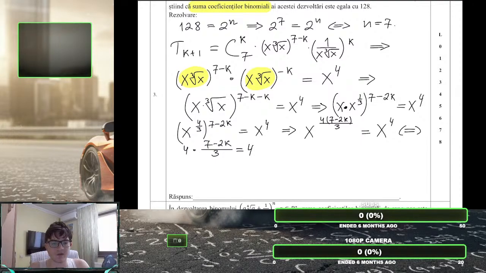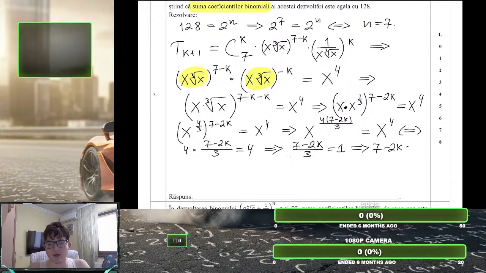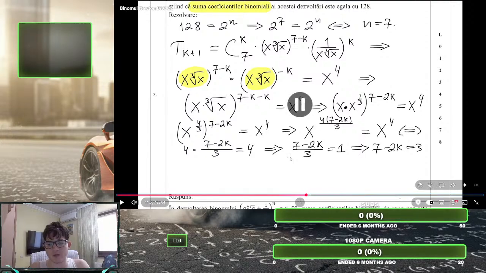4 times that. Should we actually do the times first, or can we somehow transfer the 4 to the right? So it's going to be that fraction equal with 4 divided by 4, which is 1. Should we actually do that? Yes. So now, ignore the 3 on the bottom. You just work with the thing on top. Equal with 1. Equal with 3. Messed up again.